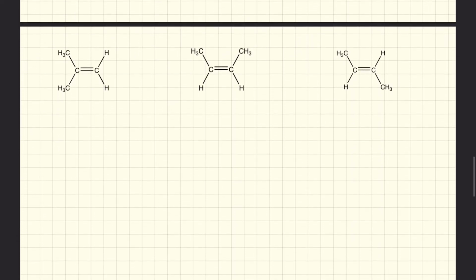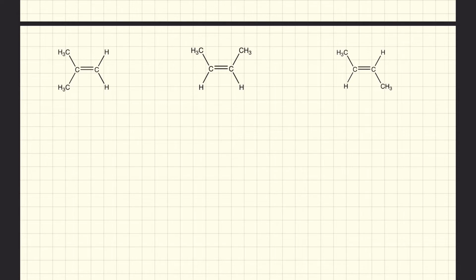Now, for the next part, this is where it gets a little bit weird. Okay? If I ask you to name these structures, okay? So for this first one, or actually, why don't you give this a shot?